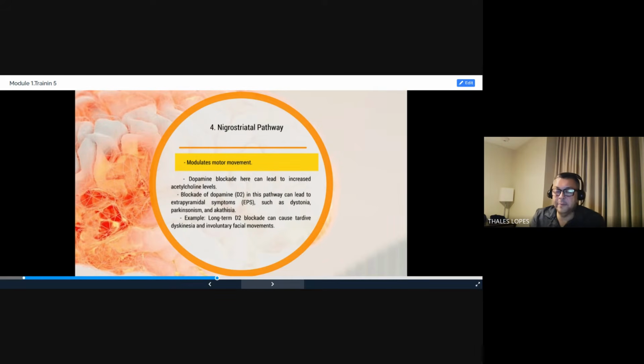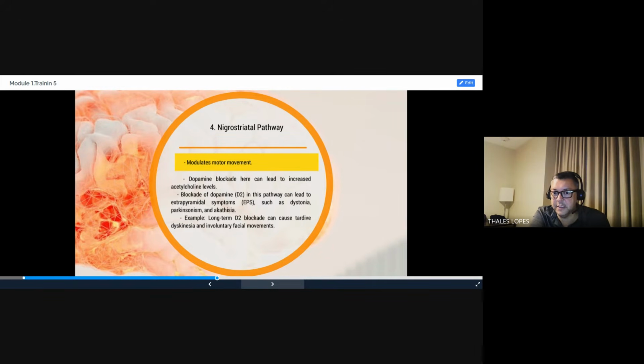So long-term D2 blockade can cause tardive dyskinesia, Parkinsonian-like movements, and the involuntary facial movements that you often see in patients with TD. Okay, so nigrostriatal: little dopamine, a lot of acetylcholine, you have EPS problems.